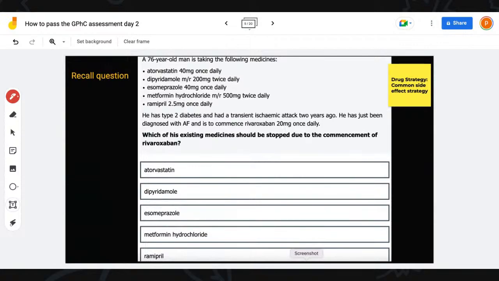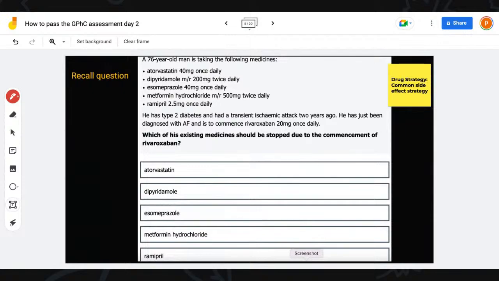Okay, so let's look at the strategy we applied for this. Recall questions are easier questions. By using what we call a common side effect strategy, similar to the elimination strategy we looked at first, you're going to have questions in your exam where you want to look for a common side effect.